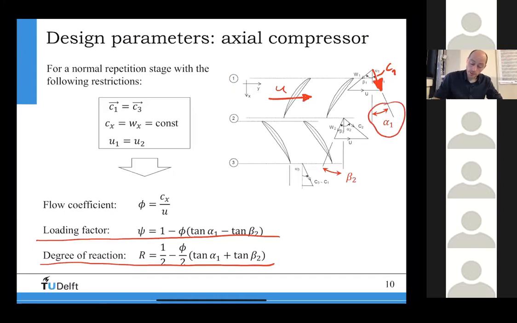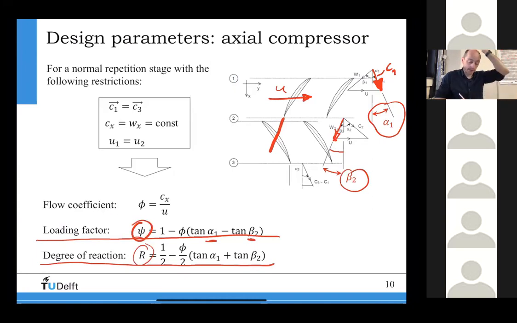And if you continue and you hope that the flow will follow the blade geometry, then you can see that beta 2, which is this velocity here, the angle between the velocity W2 and the axis, also will remain unaffected. So what I want to do now for the loading factor and the degree of reaction is express them as a function of alpha 1 and beta 2, right?